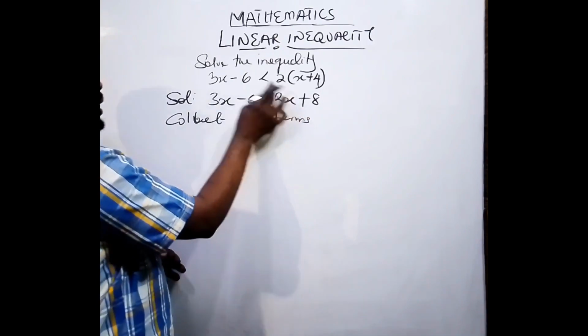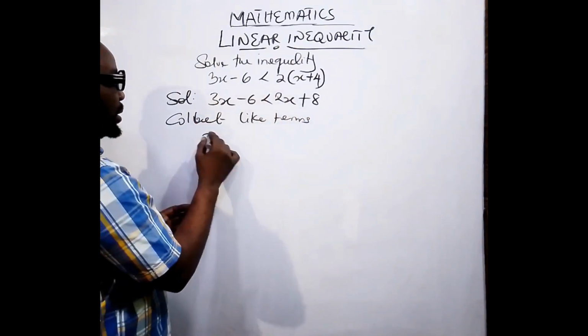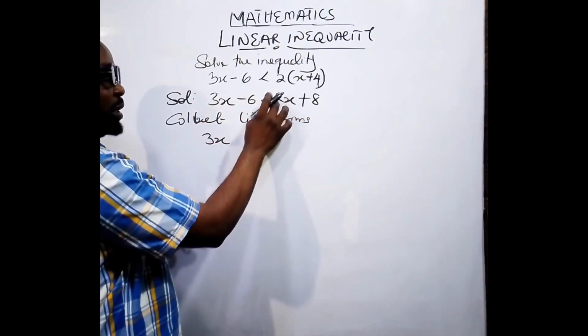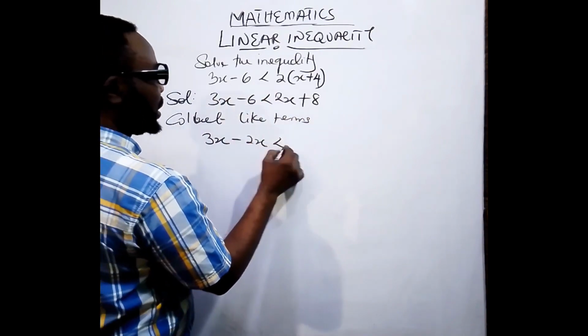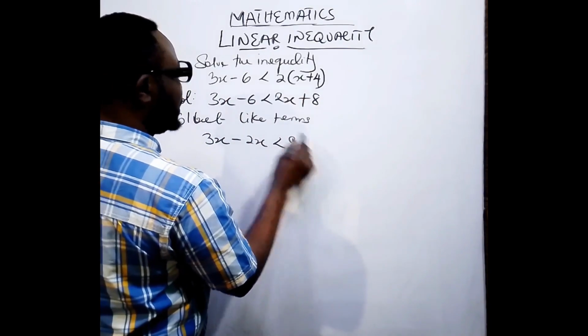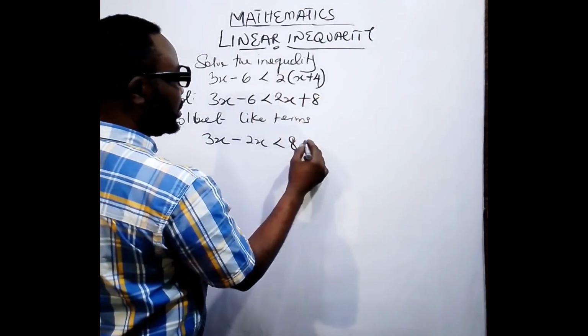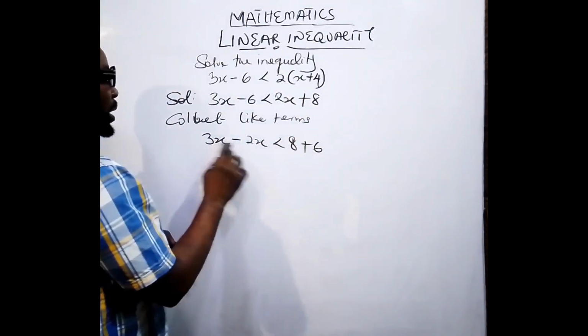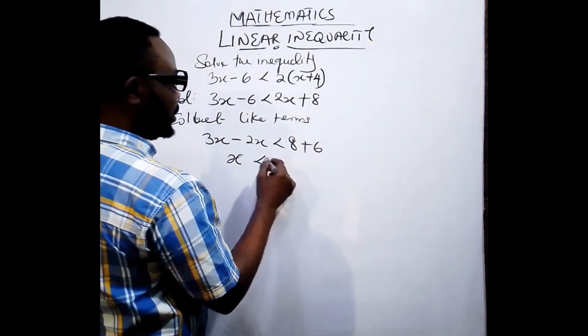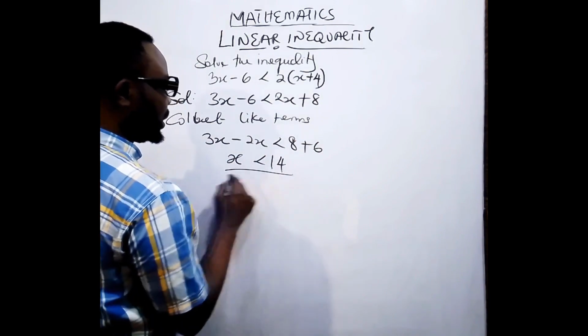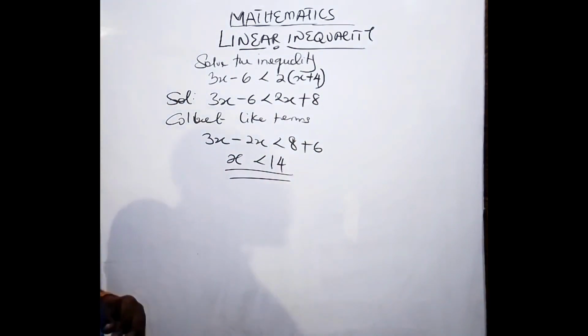That is, the 2x will come to this 3x. This is positive 2x, it comes here and becomes negative: 3x minus 2x is less than plus 8. Minus 6 comes here and becomes plus 6. So we are having 3x minus 2x, that will be x is less than 8 plus 6, which is 14. That is the answer to this particular question.